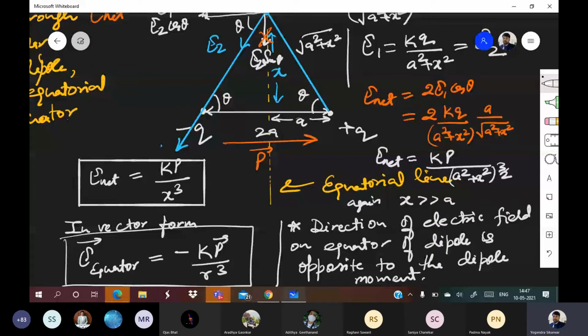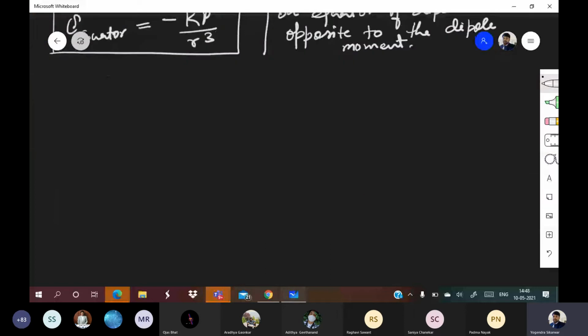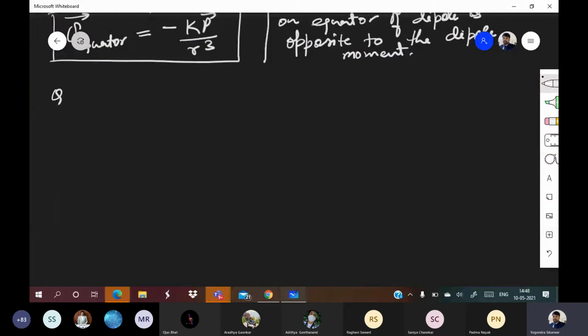Now, questions. There is a dipole p vector. Dipole can be shown by this type of arrows also. There are 2 points. This point is at a distance of 2r and this point is at a distance of 3r.